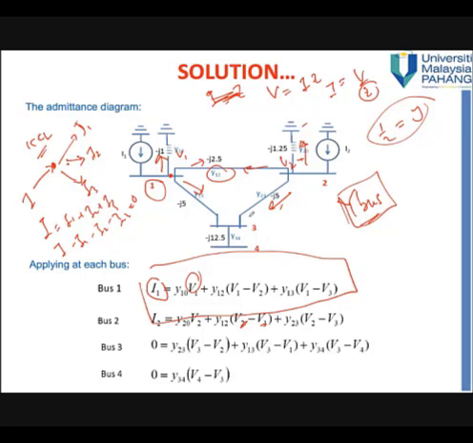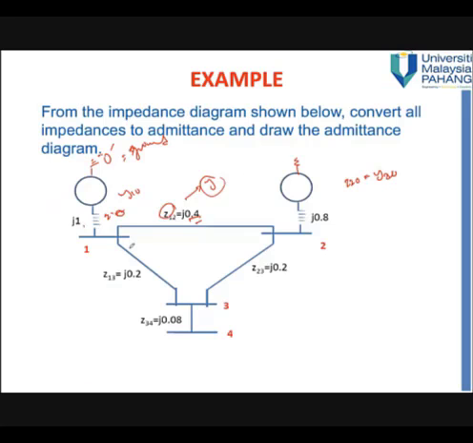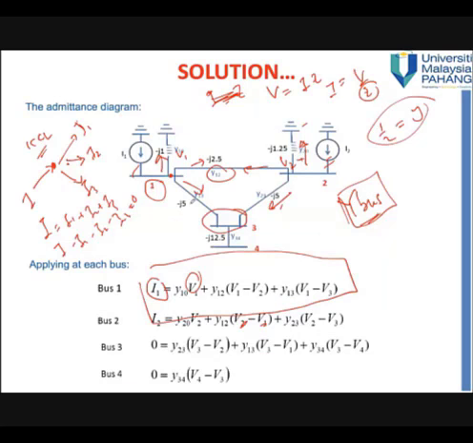Similar goes at bus 3, but bus 3 now you don't have the current source. These two have current source because these two are generator buses, right? We have a generator here, that's why you have current source. This bus doesn't have any current source, meaning that it's 0.